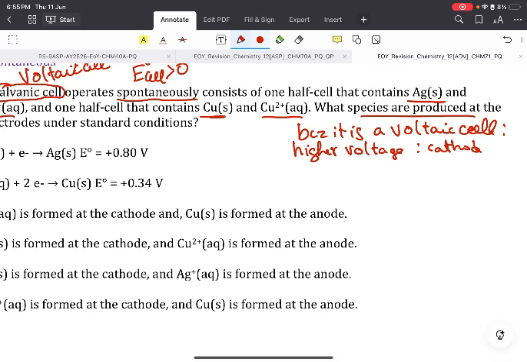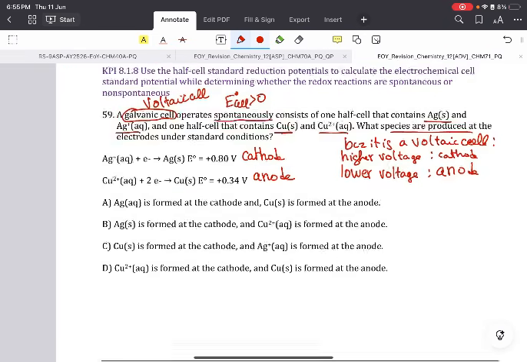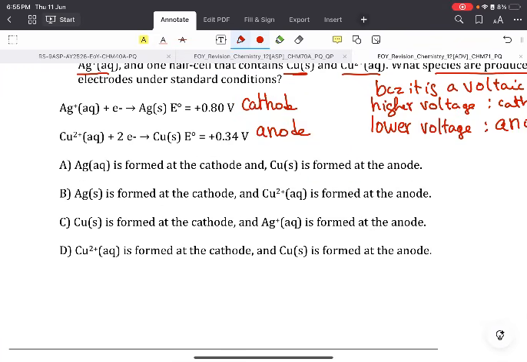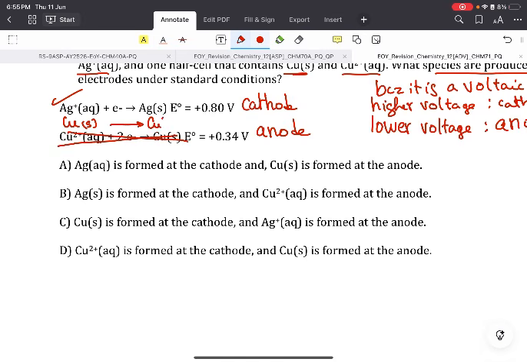So here's the cathode, and the lower voltage is the anode. So that's the anode. So I'm gonna keep this as a reduction, and this one I'm going to flip it, and I'm gonna write Cu solid giving Cu2 plus and 2 electrons. So these are my two equations taking place at the anode and at the cathode.